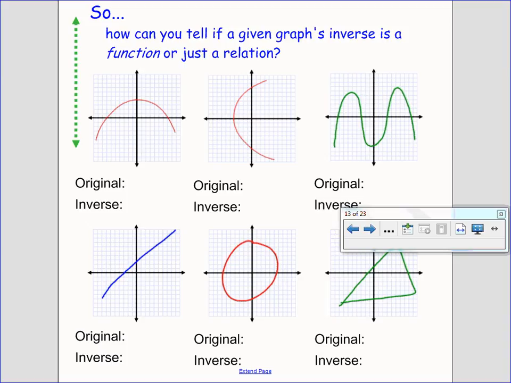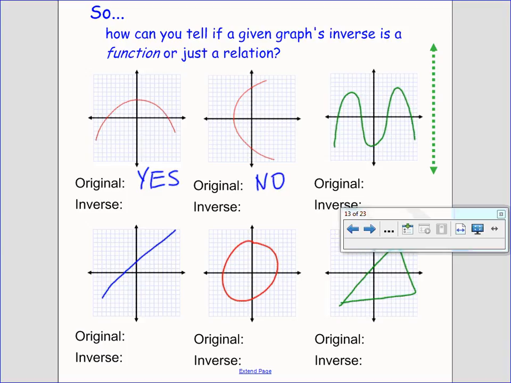So if I go ahead and do my quick scan, everybody find your pictures. Original, yes; original, no; original, yes, a function. The original, yes, top left, passes the vertical line test.